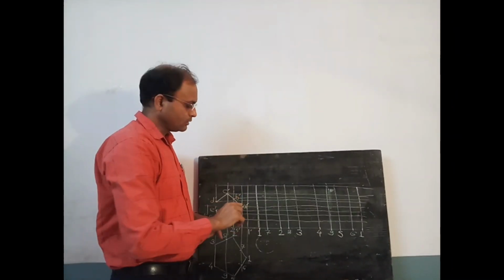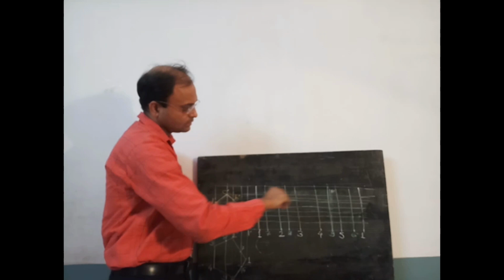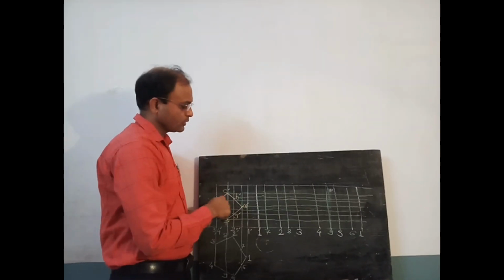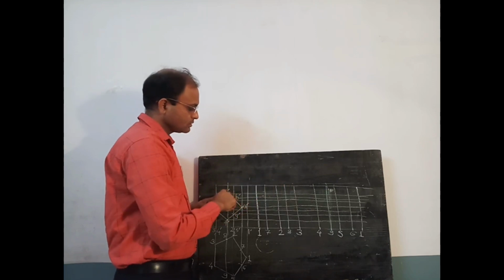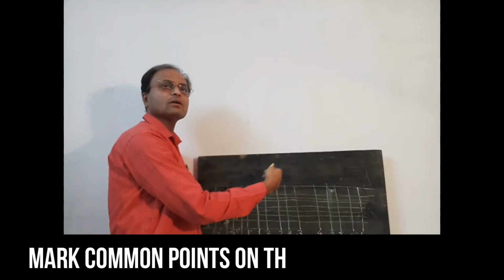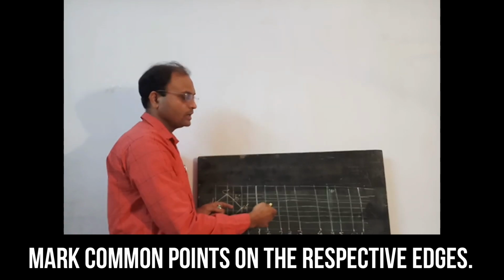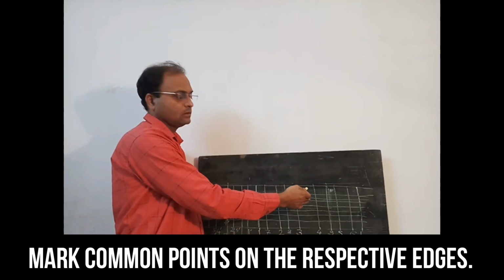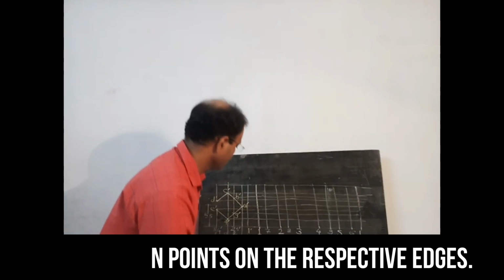So this way I have drawn all the parallel lines, or we can say all the parallel projectors through all these common points. Now we have to mark all these common points on the respective edges, maybe regular edges or extra edges. So accordingly we are now going to mark points on the developed surface.